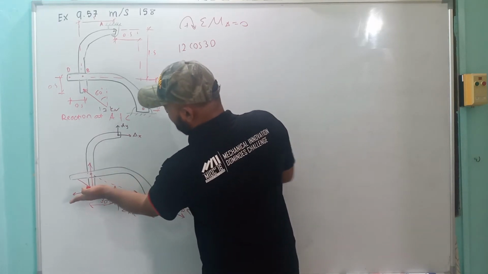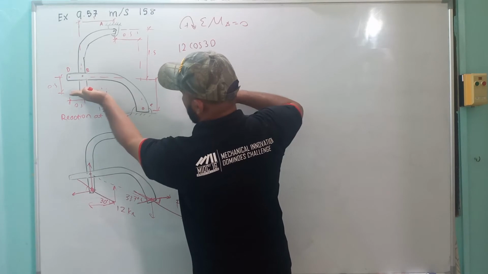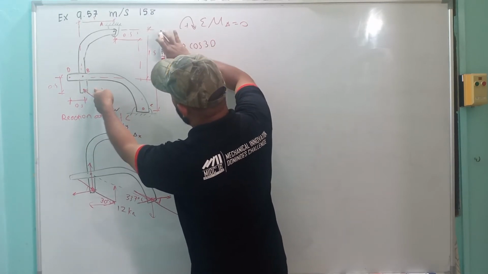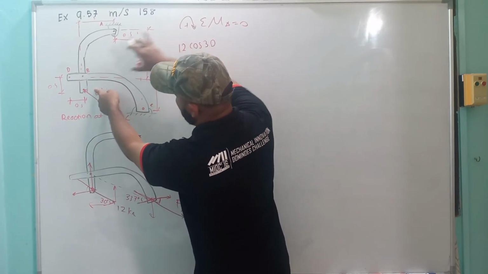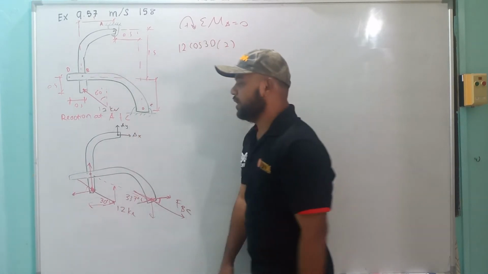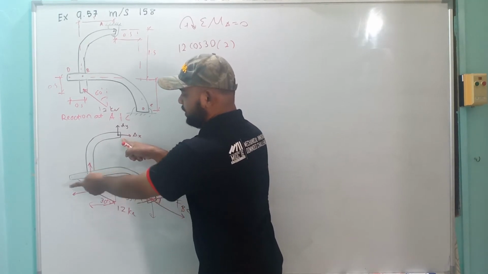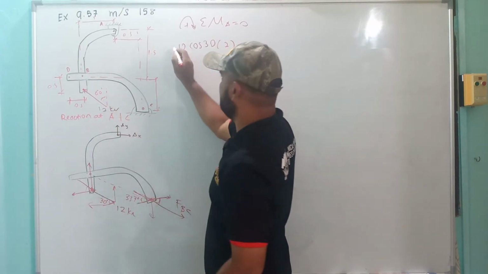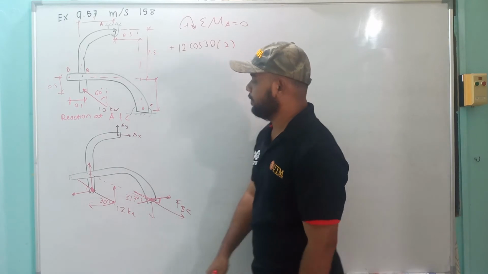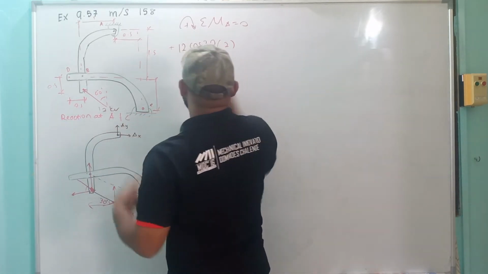From here you make a line, and a second line here; the distance between these two is 1.5 plus 0.5, so the distance is 2. Put a pin at A, you pull this direction, so you turn clockwise. So here is positive.